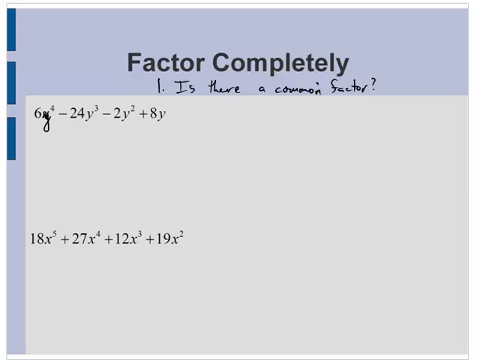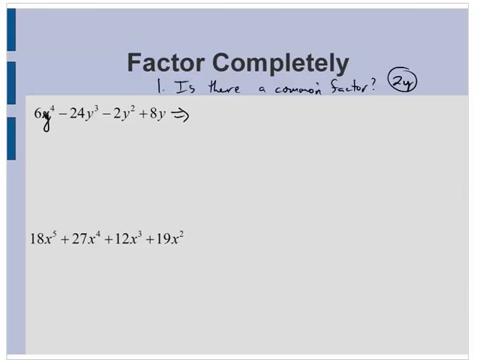So I look over the entire thing here, and it looks like they're all even coefficients, so I can factor out a 2, and they all contain a y. So yes, in this case, 2y is a common factor for this one.